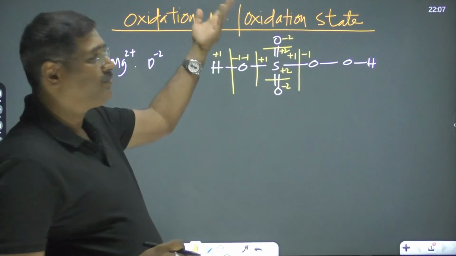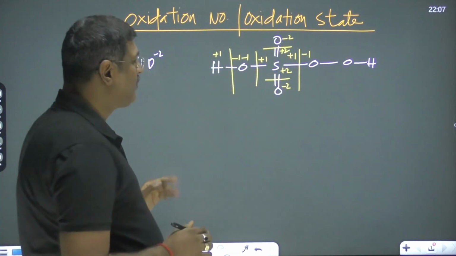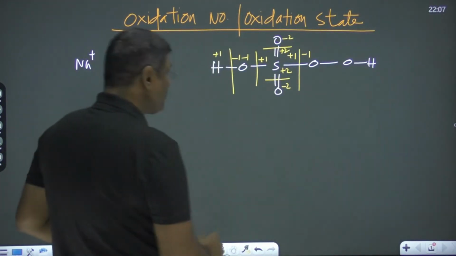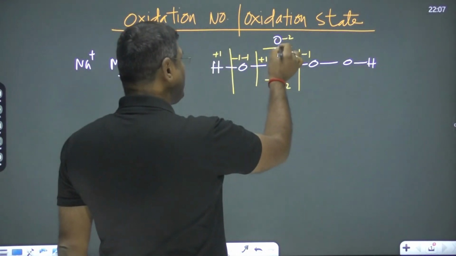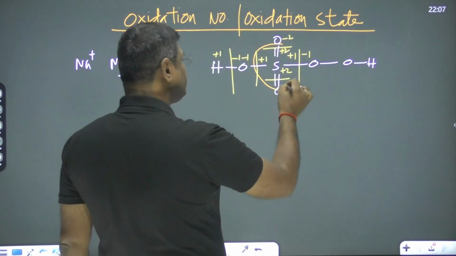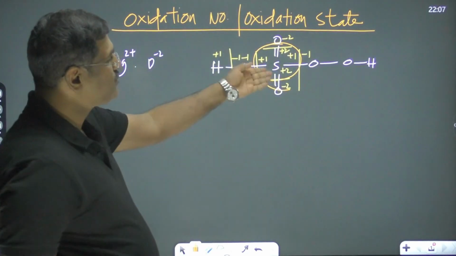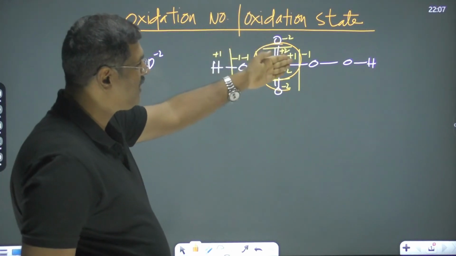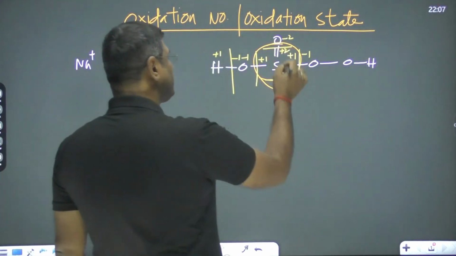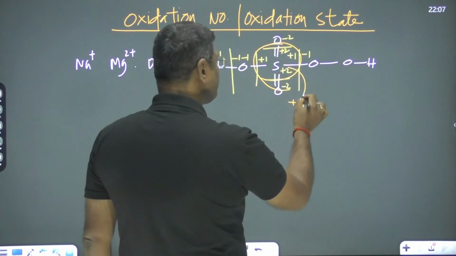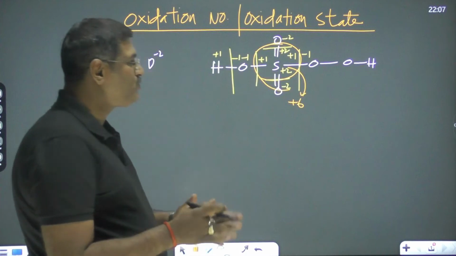Two bonds we break, minus 2, plus 2. Now, what is the total assumed charge on the sulfur? Plus 2, plus 2, plus 4, plus 5, plus 6. Yes, it is plus 6. Sulfur has an assumed charge of plus 6.